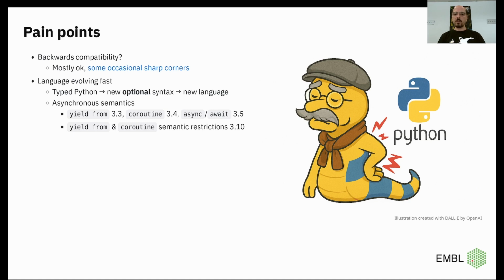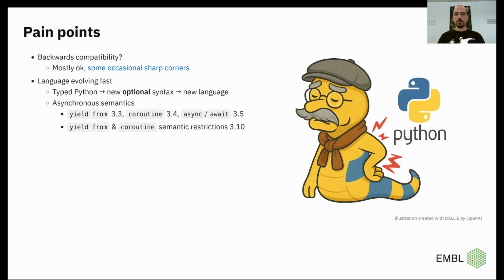Then there are different semantics as well in the language. You might have seen the yield from syntax that was present around Python 3.3, coroutines in Python 3.4, and then in 3.5, async and await keywords were introduced, which sort of obsoleted yield from, or at least some of the use cases that the initial ones were created for.